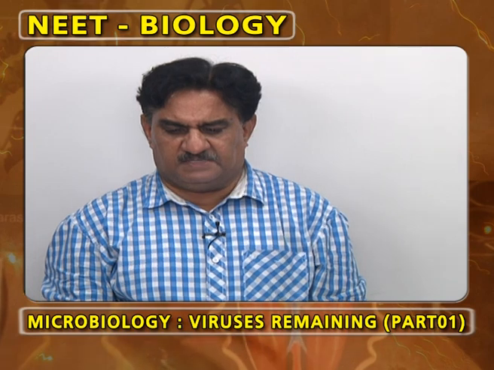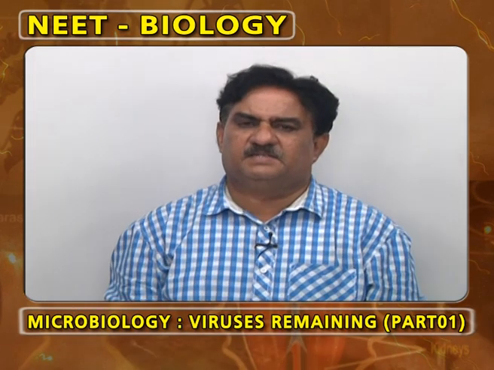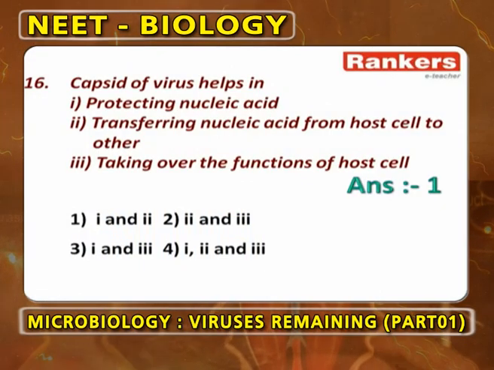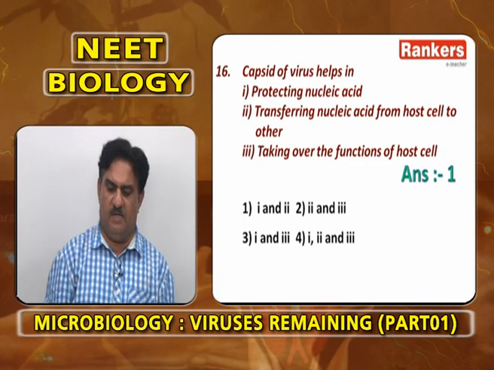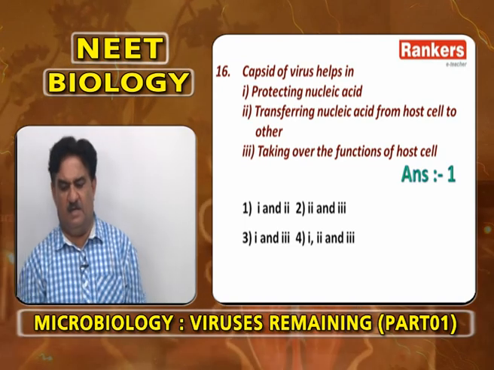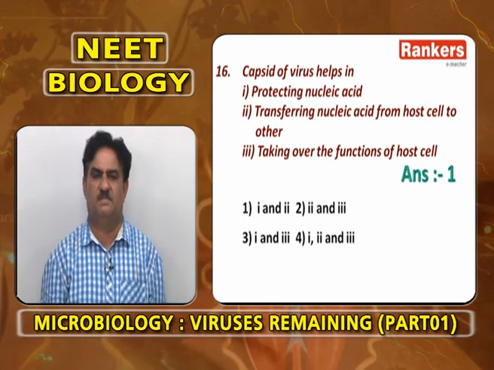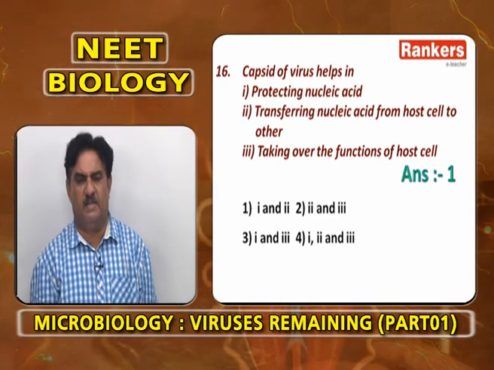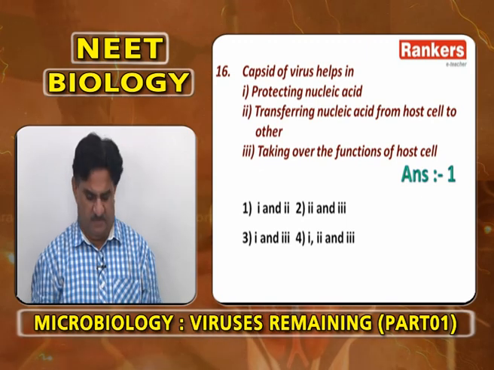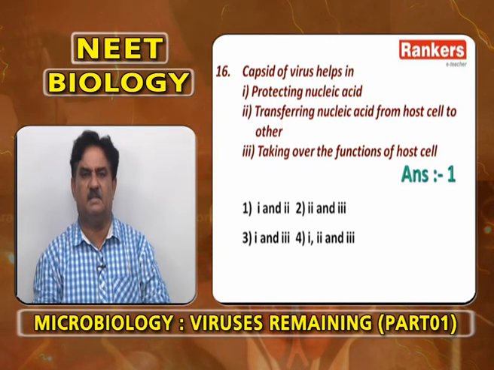The capsid of a virus is made up of capsomeres. The capsid protein coat of viruses helps in protecting the nucleic acid, transferring the nucleic acid from one host cell to another, and taking over the functions of the host cell. Taking over the functions of the host cell is wrong. It protects the nucleic acid; definitely it is a covering layer of the nucleic acid.